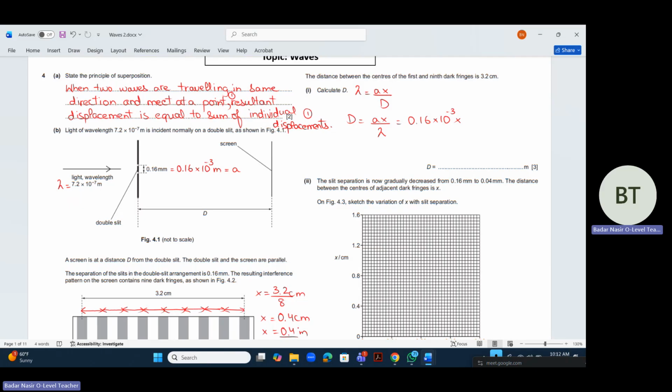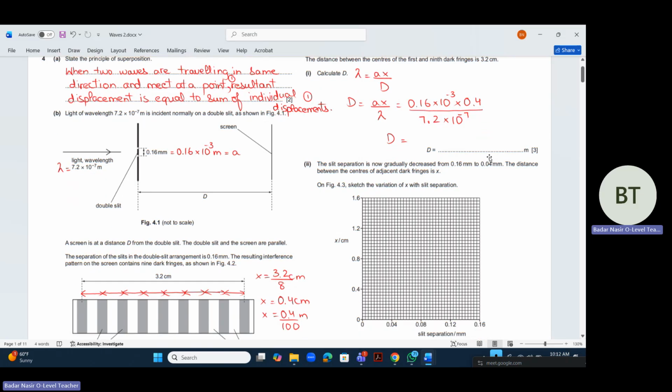Fringe separation is how much? 0.4. And what is the wavelength? The wavelength is given as 7.2 into 10 to the power of -7. So substitute all these values on your calculator and you will get the final answer for the distance.